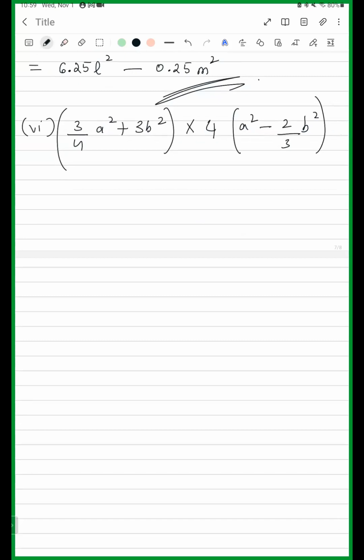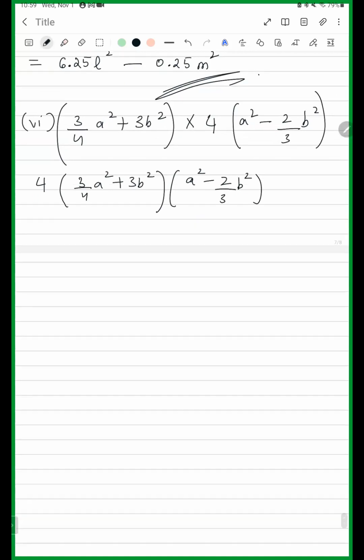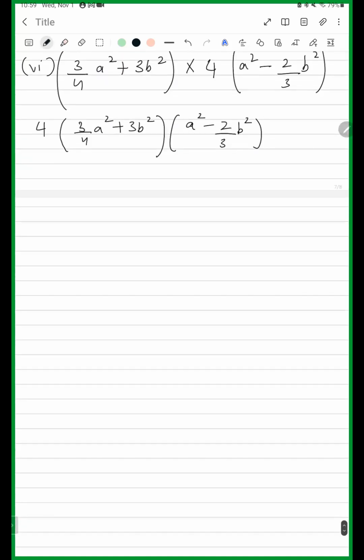First of all, we will take the 4 outside because it has nothing to do with everything else. So we will just keep it outside. Then 3 by 4 a square plus 3b square. Please keep writing it simultaneously. A square. If you want me to stop anywhere, just tell me and I'll stop.